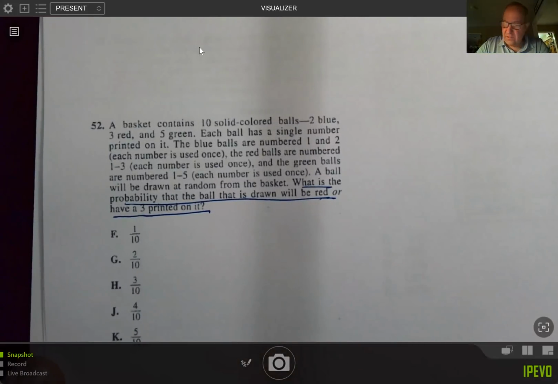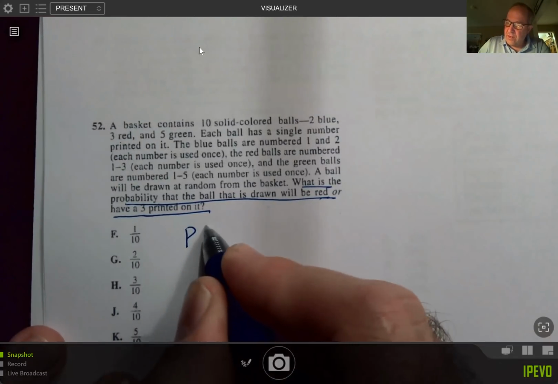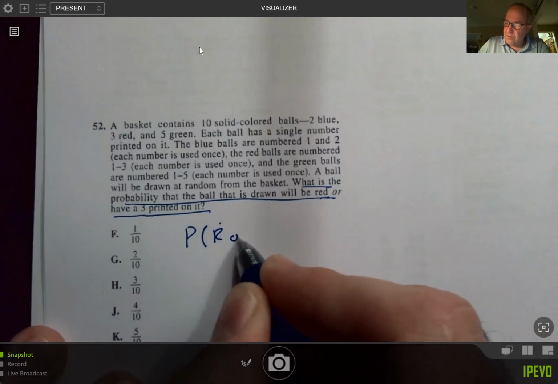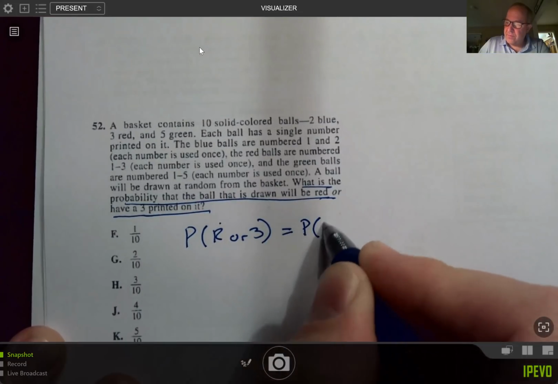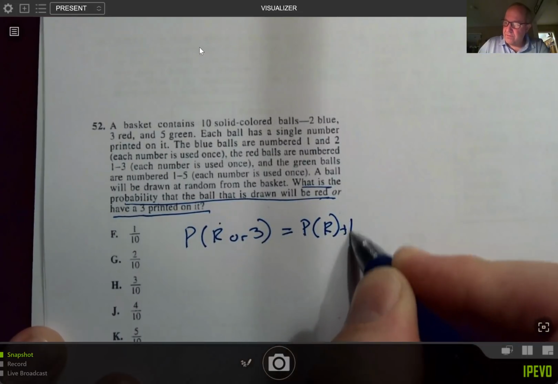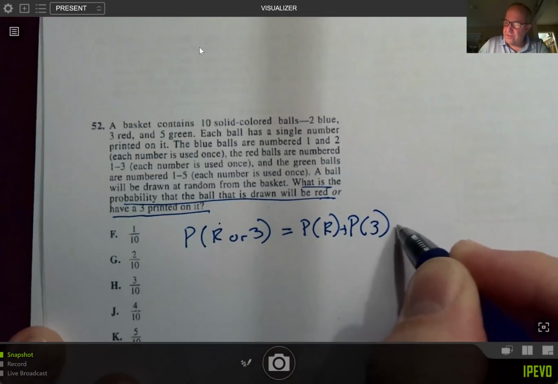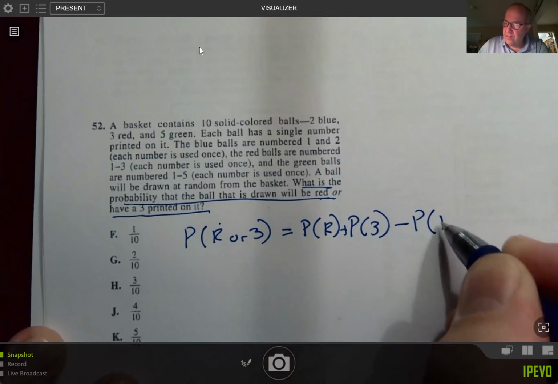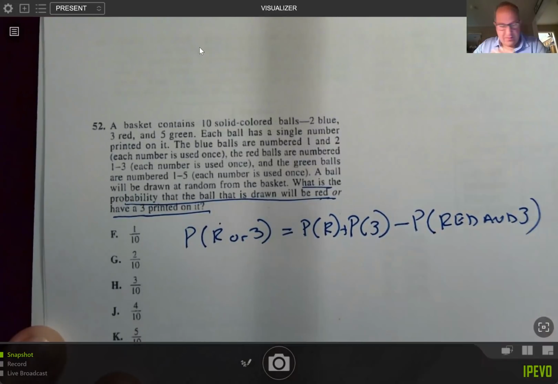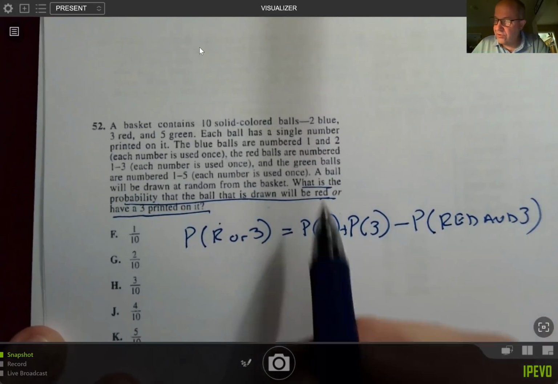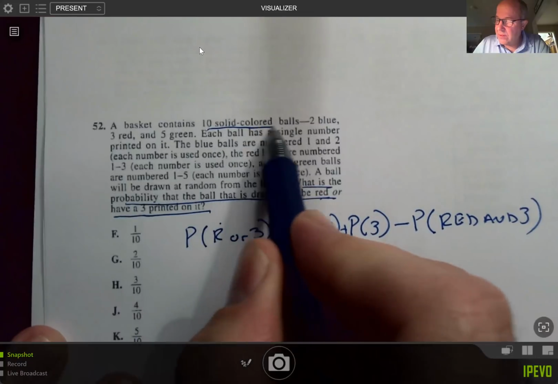Okay, well, let's think about it. Probability, you're going to be drawing red or the 3. Well, that will equal the probability of red plus the probability of getting a 3 minus the probability of a red and 3. Well, how many reds are there? Well, we're told there's 10 balls, right?